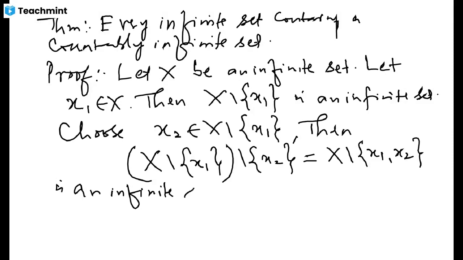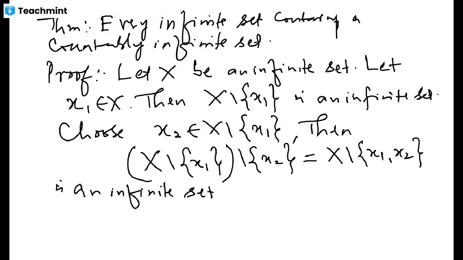In this way, at the next stage, because this is an infinite set, we can choose another element out of X minus x1 and x2.